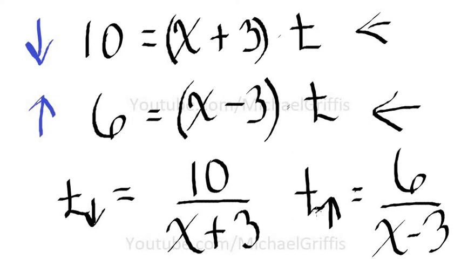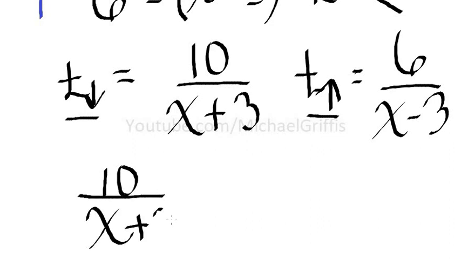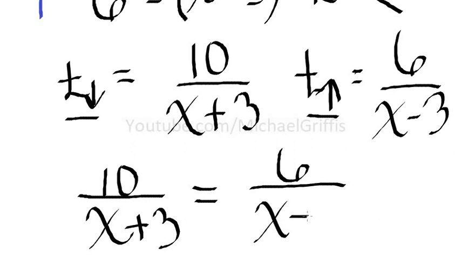Since both of these T's are the same, we can set both these equations equal to each other. 10 over x plus 3 is equal to 6 over x minus 3.